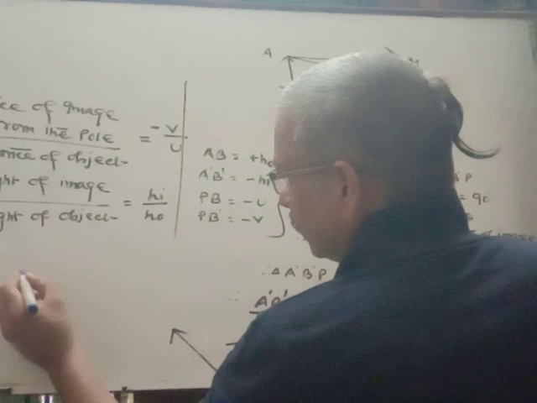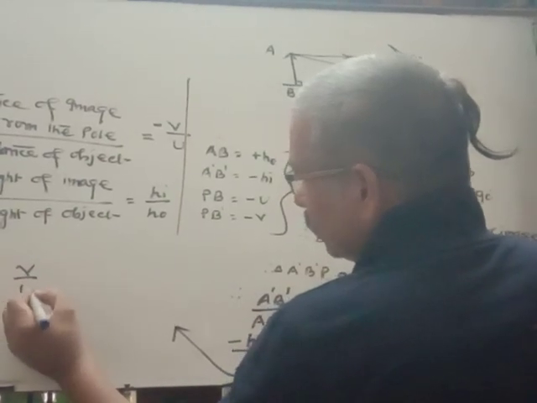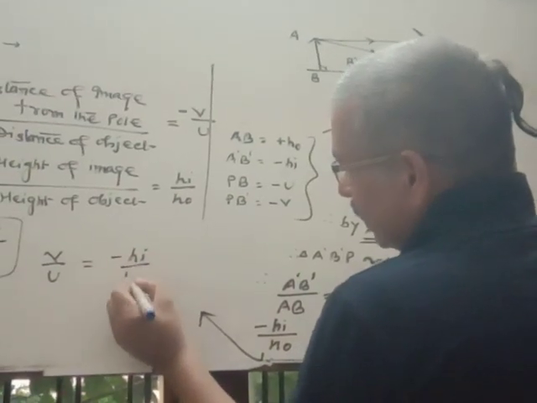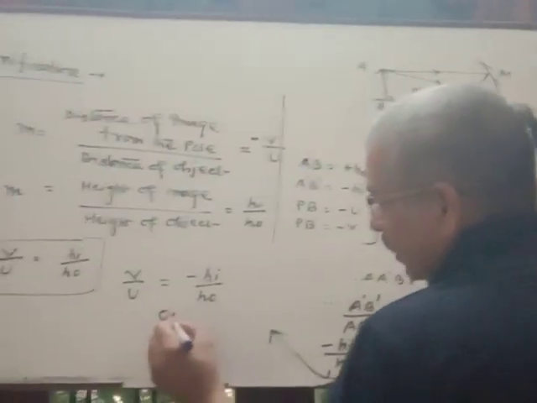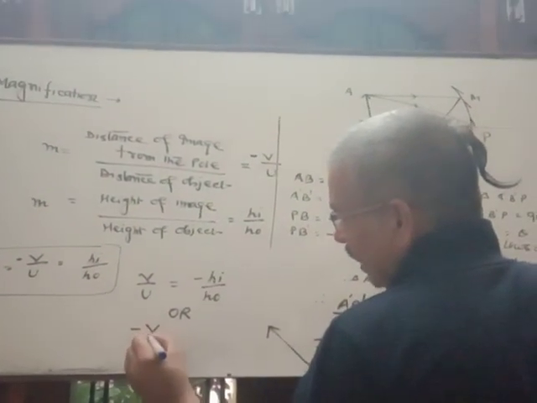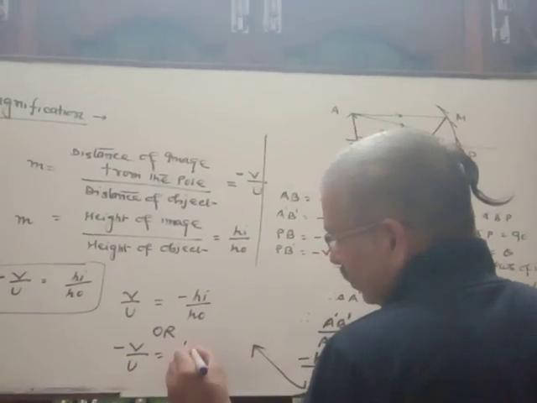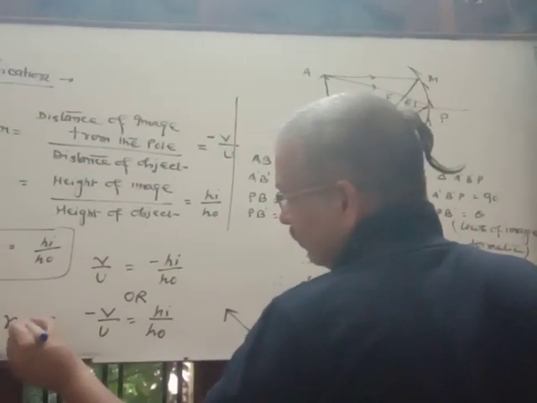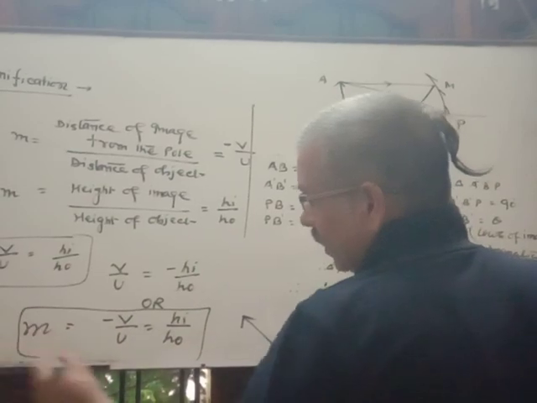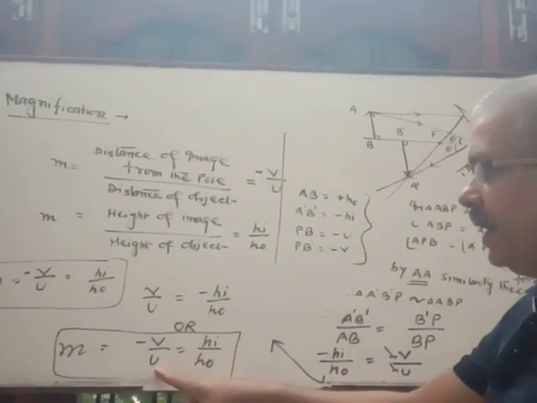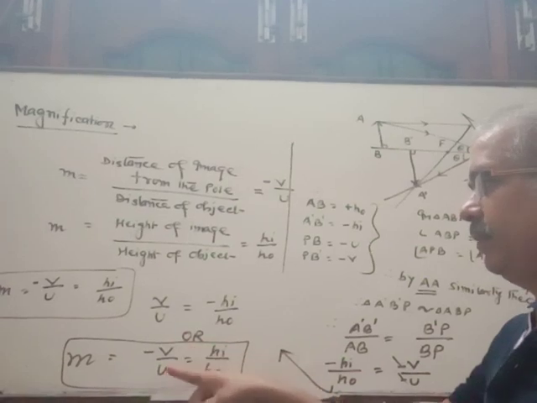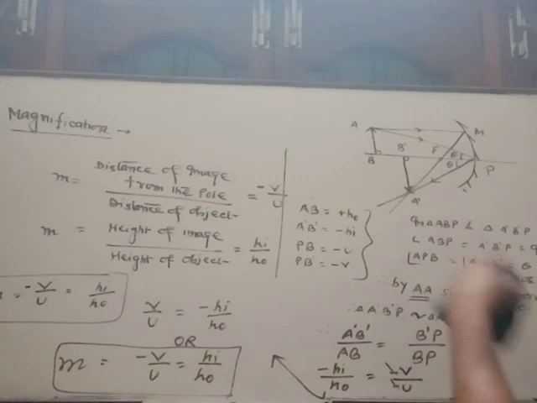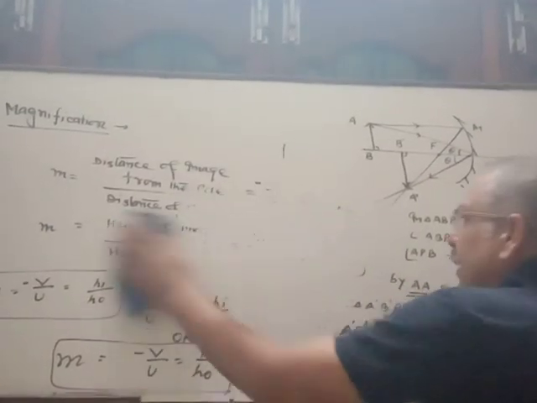It becomes V by U is equal to minus HI by HO, or minus V by U is equal to HI by HO, and it is called magnification. It is the proof of magnification. It is longitudinal magnification in terms of distance of image and object, and it is transverse magnification. Clear? So that's about magnification.